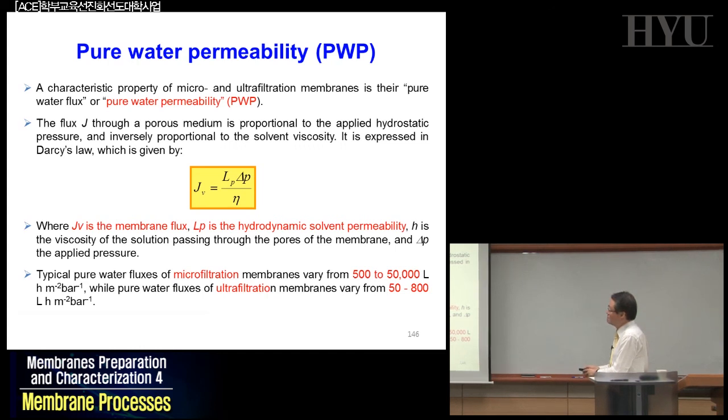Usually, for microfiltration, the water flux is on the order of several hundred to several tens of thousands, and for ultrafiltration it is less than about several hundred. That is the pure water flux.